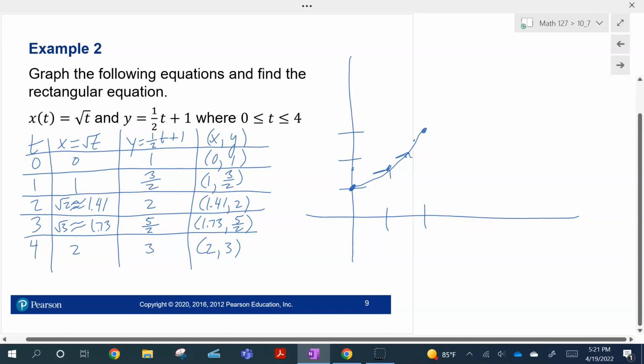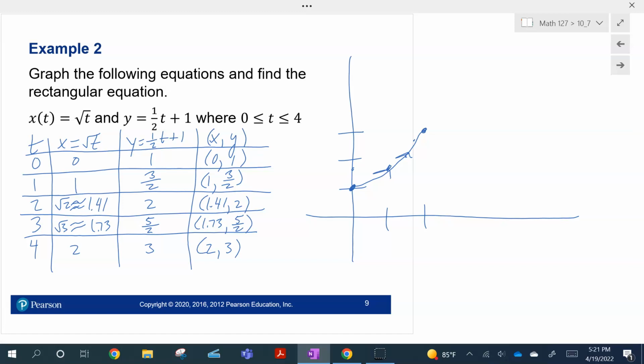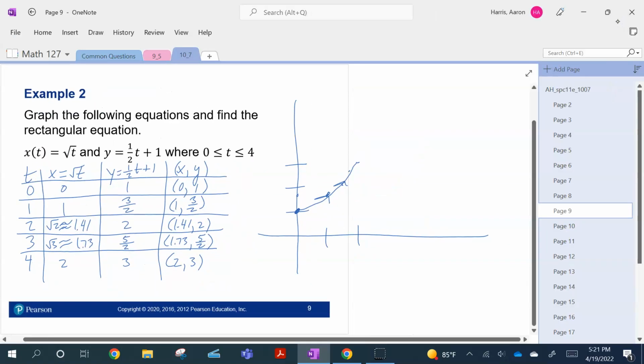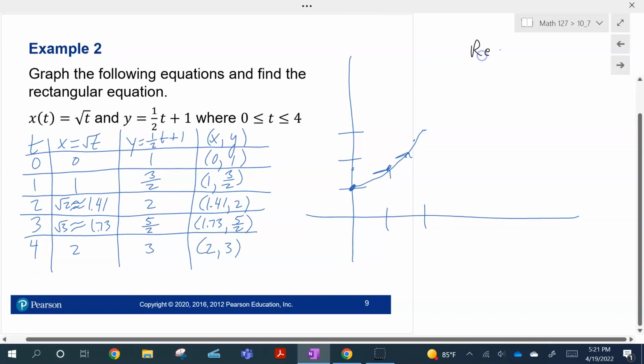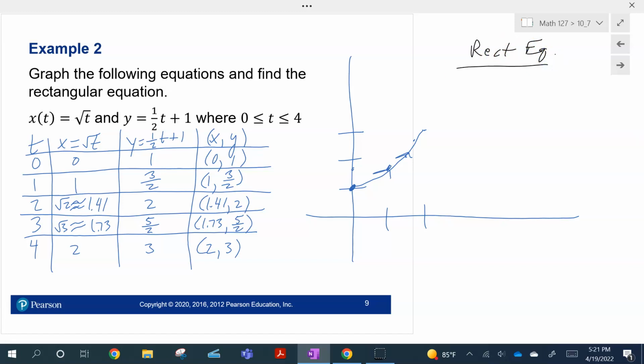Now, as far as the rectangular equation part of this, notice that we have x equals root t. So we could solve that for t by squaring both sides. So t is x squared. So that's number 1.